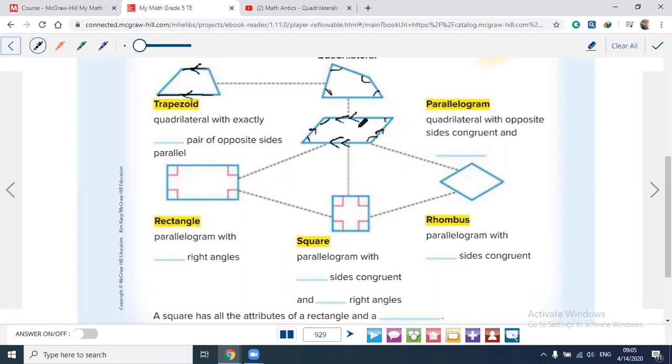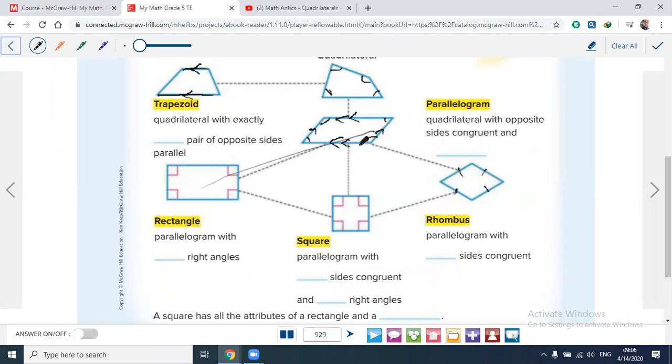And also, if the sides are congruent, the same side lengths like this, the parallelogram will be a rhombus, as you see here. Now I have a parallelogram with equal sides, it will be a rhombus. A parallelogram with right angles will be a rectangle.